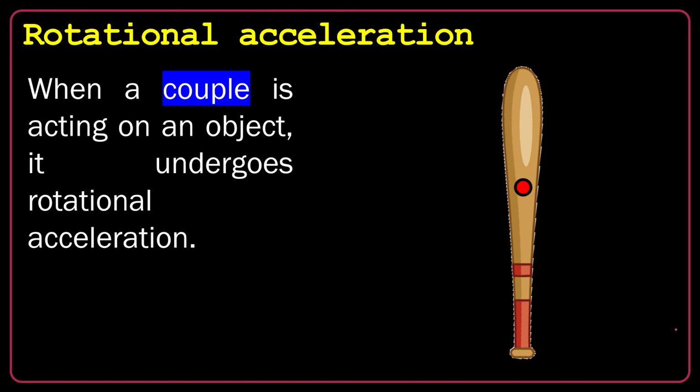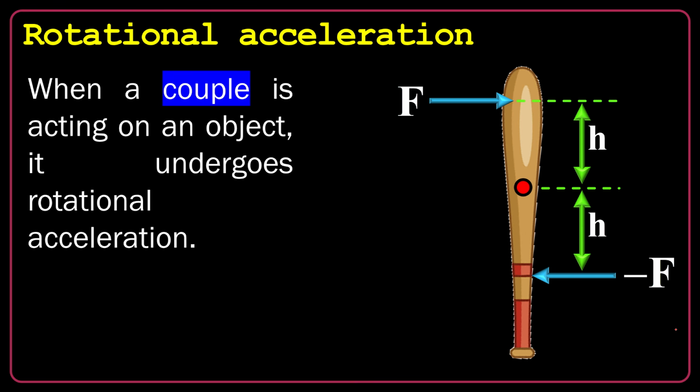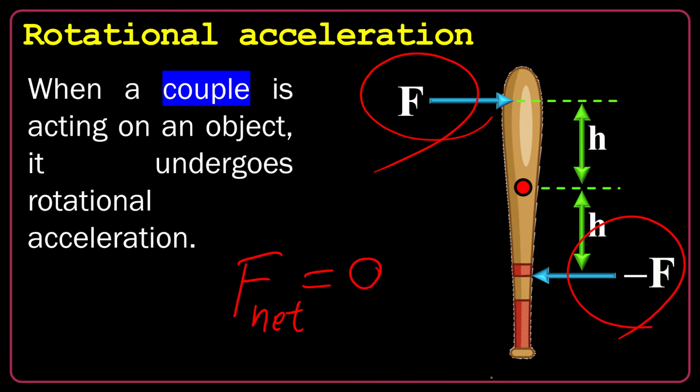Then let's have a couple acting on the system. Couple means a couple of forces that are separated by a distance d, okay? They are equal and opposite forces. You know the net force on the object is zero because these two forces cancel each other, okay? So linear acceleration is zero.